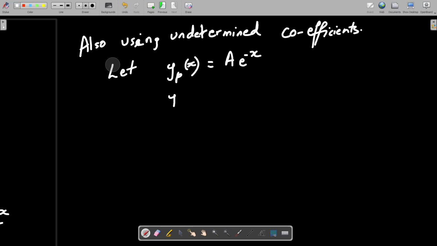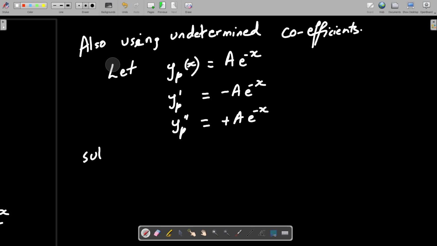Okay, so what will be yp prime? Minus a e raised to minus x. yp double prime will be plus a e raised to minus x.